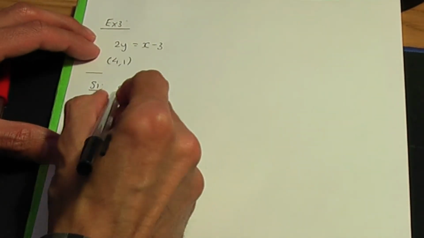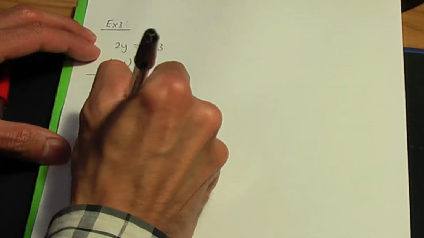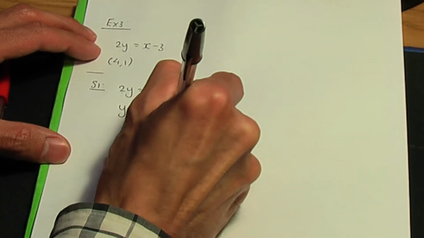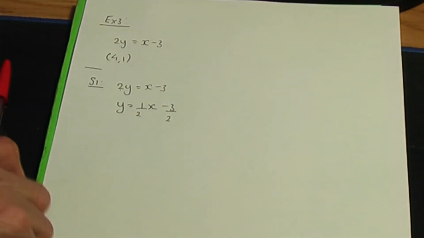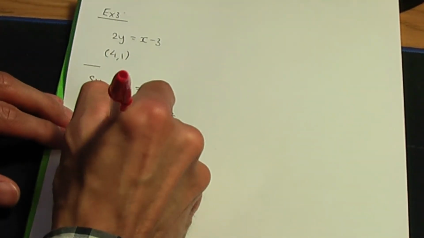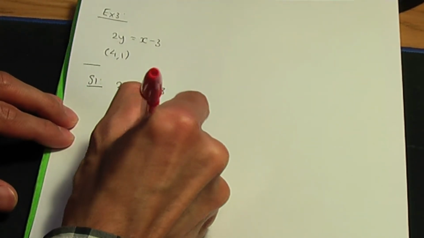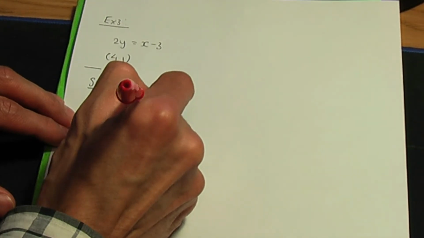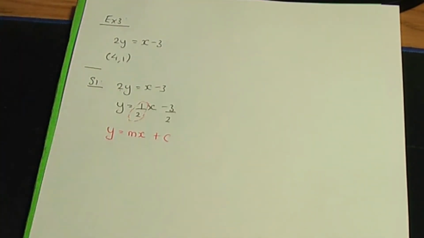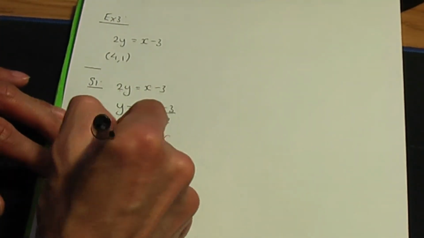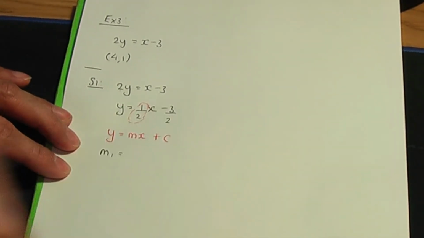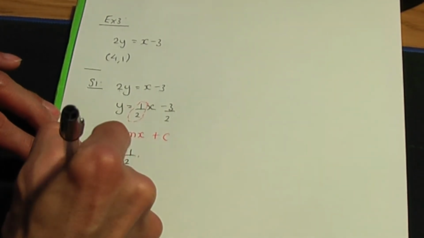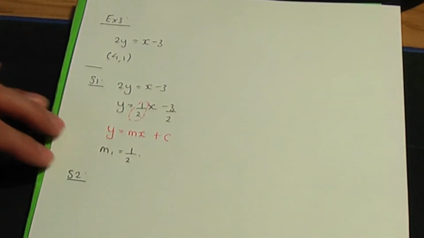If I divide both sides by 2, I'll get y is equal to half x minus 3 over 2. So now let's make the comparison with y equals mx plus c. And remember the idea, the coefficient of x in this equation is the gradient of the given line. So I'm going to call that gradient m1. m1 is half. So this takes us nicely to step number 2.